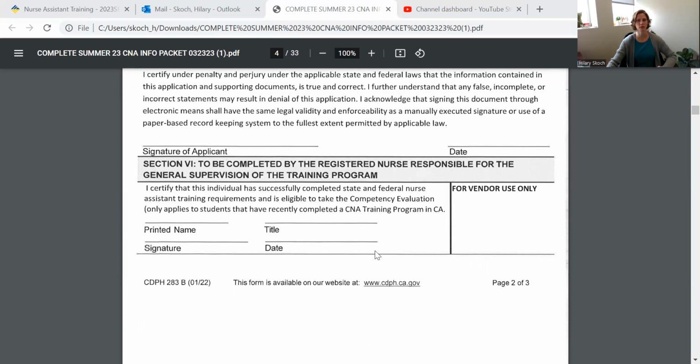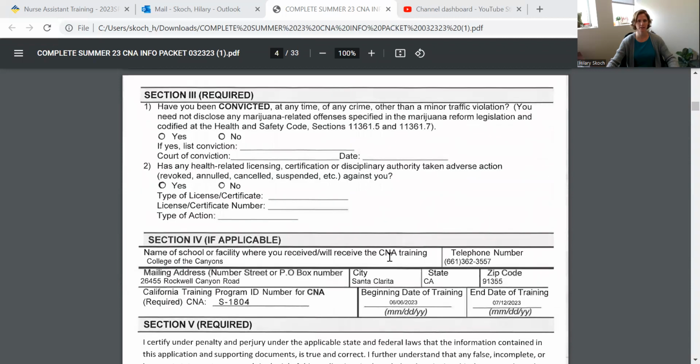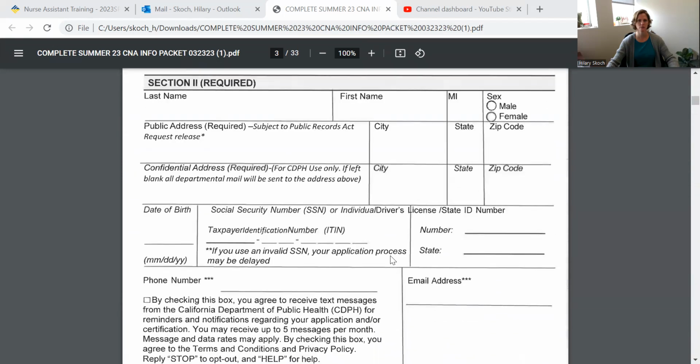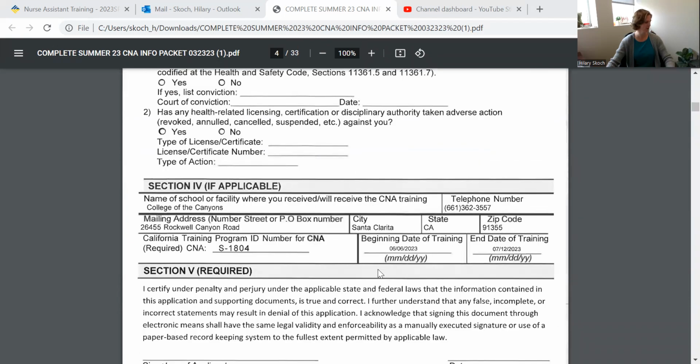This is for when you complete the course, and it will be signed by the director of the CNA program. But please fill out everything else, as this page and this page need to go back to the office on or before the beginning of your class.